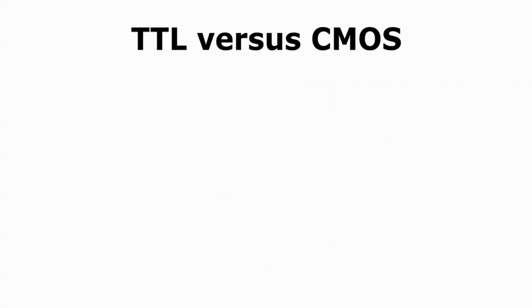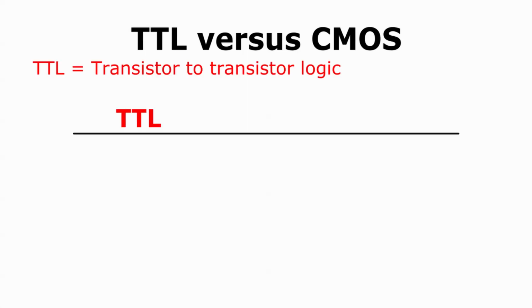I want to mention the difference between TTL and CMOS. You will often see these abbreviations. TTL stands for transistor-to-transistor logic. This was the technology used on the first real integrated circuits as we know them today. There had been a few earlier types which had used resistors in their circuits, but the TTL designs were pure transistors.